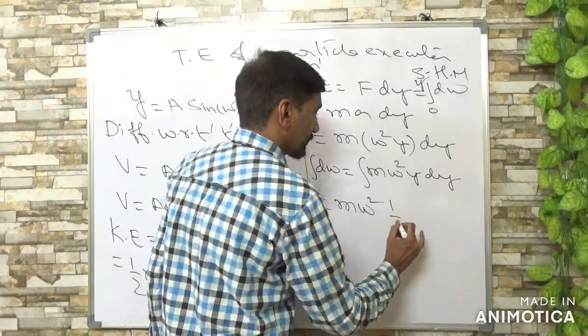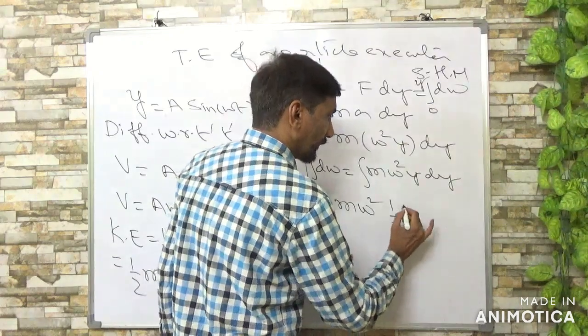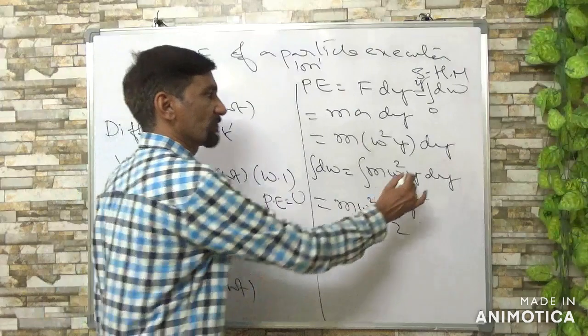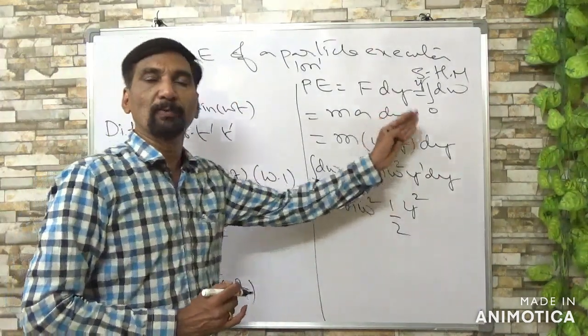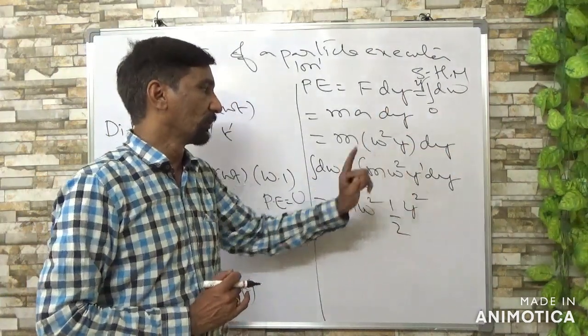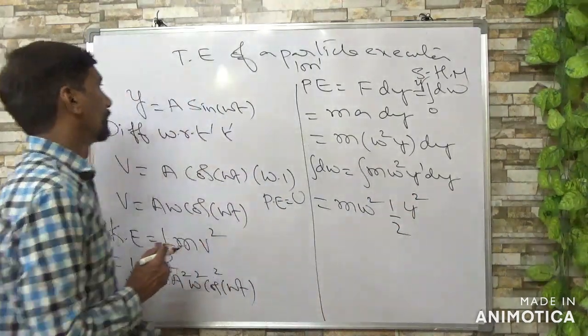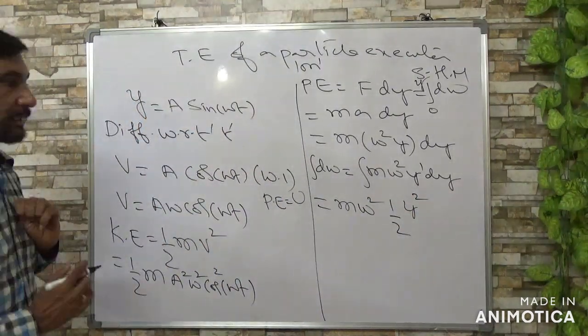The integral of y is y square by 2, because power is 1, x to the power n plus 1 by n plus 1, here 1 plus 1 by 1 plus 1. So y we already know is A sin omega t.